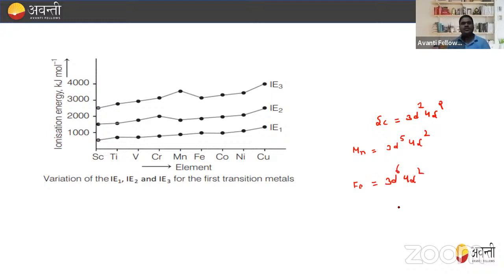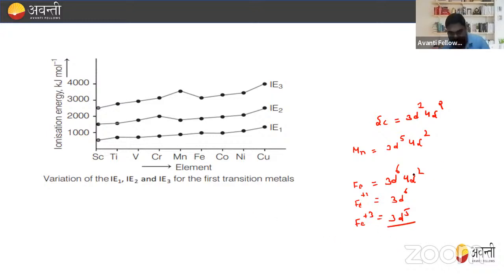For the first ionization enthalpy, one electron is removed. For the second, two electrons will be removed from 4s2. Now, for the third, we have to remove an electron from Fe and it will become 3d5, stable, right? So they become stable.